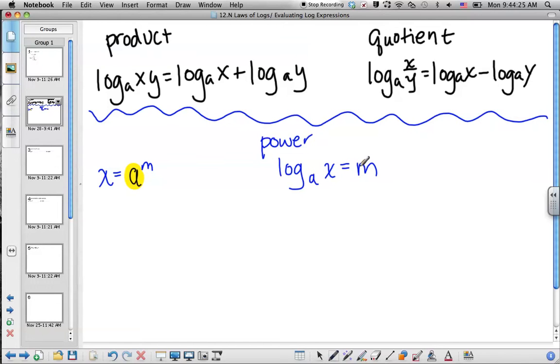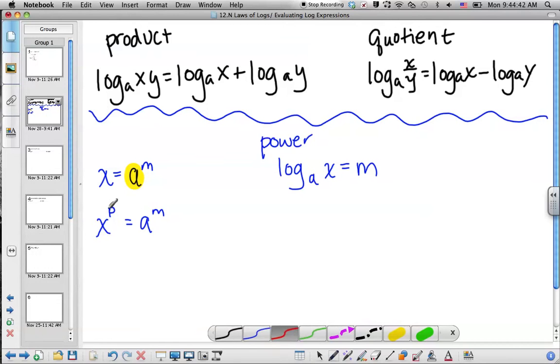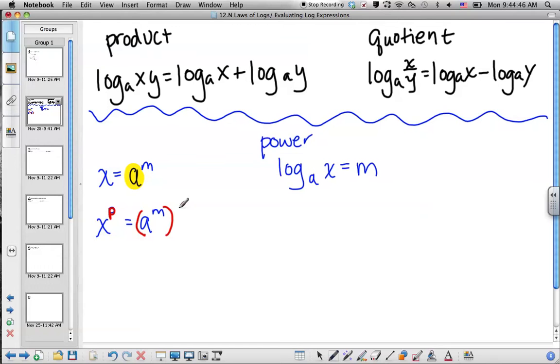Now from there, what if we take this value x and raise it to the p power? Well, that just means we have a to the m, which is the value of x, raised to the p power. From our exponent laws, we know that this is the same thing as a to the m times p.